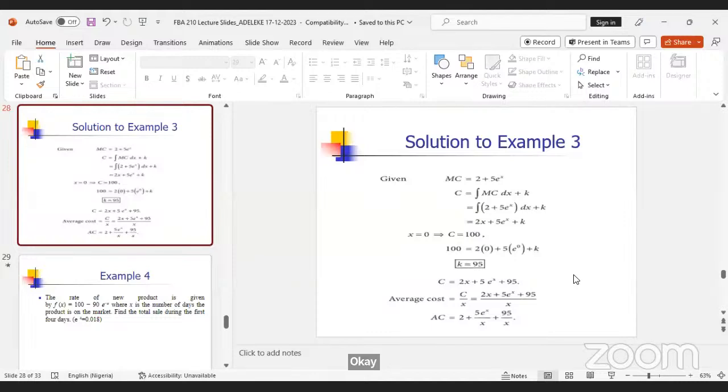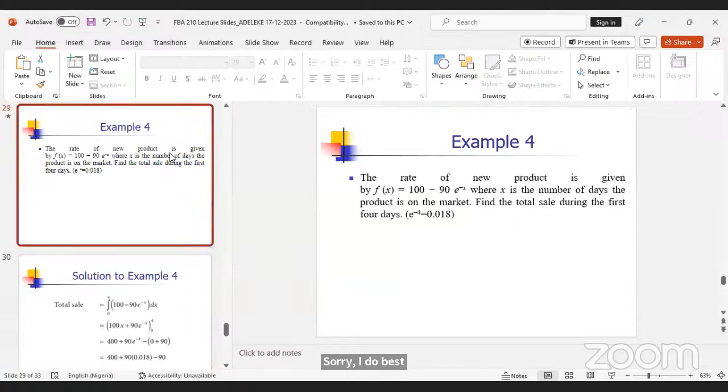Sir, please, the next question, example 4. Yeah, the next question, you show the question. Example 4. You want me to go through example 4?